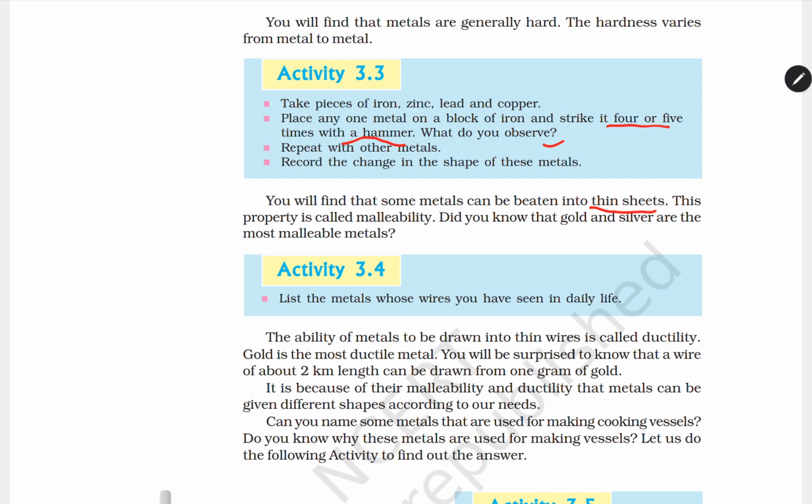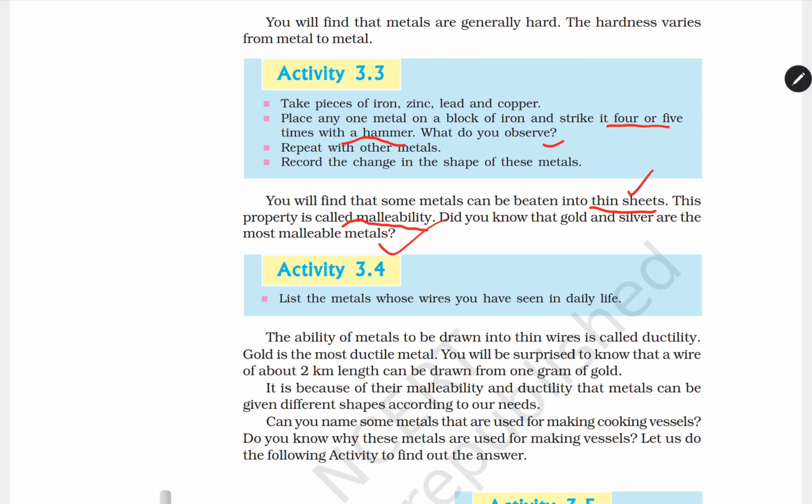Even you can observe that we can get metallic sheets, right? Depending upon our requirement, we can purchase metallic sheets. The reason we are able to make them into sheets is a property known as malleability. Gold and silver are the most malleable metals.